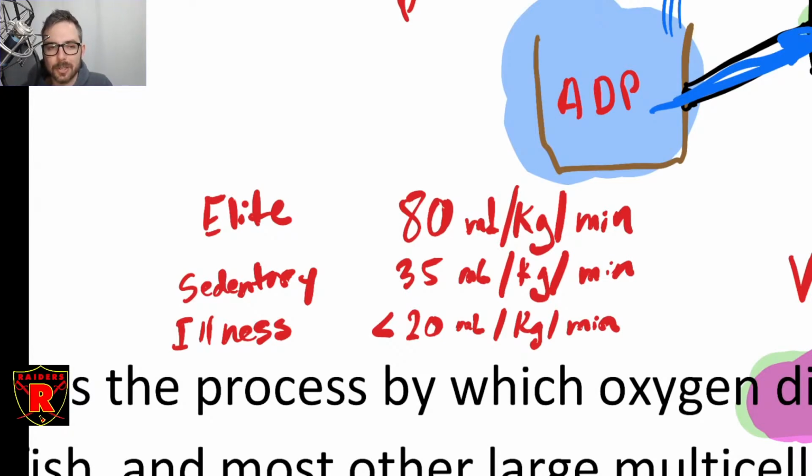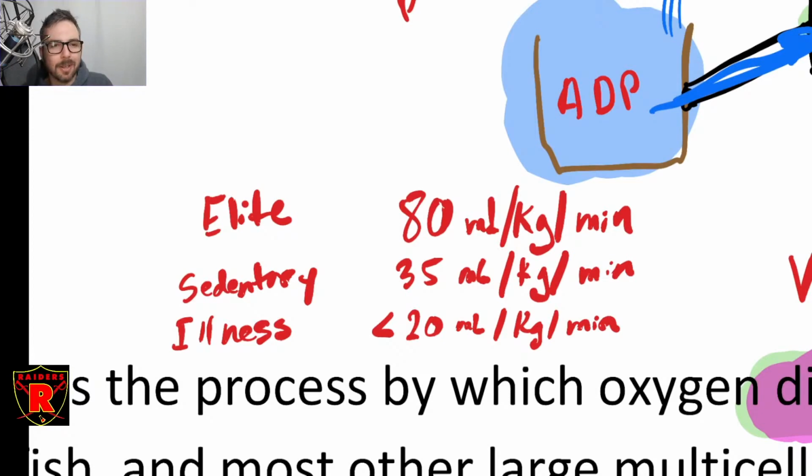And so that's generally considered to be an illness category. There are pulmonary illnesses that cause VO2 maxes that are this low. But anyway, it's rare.